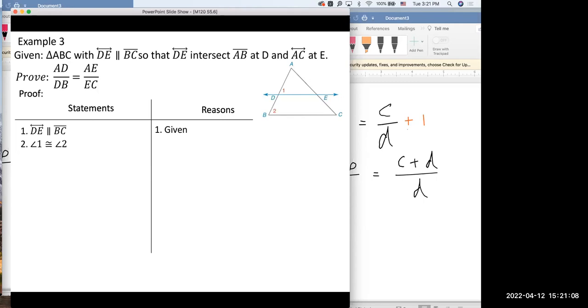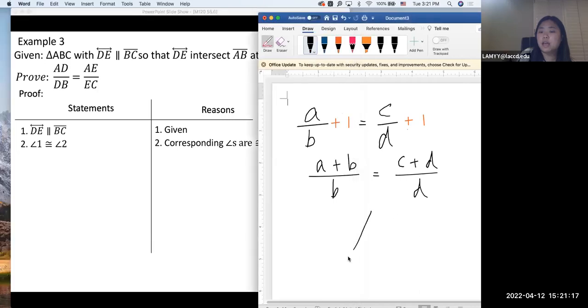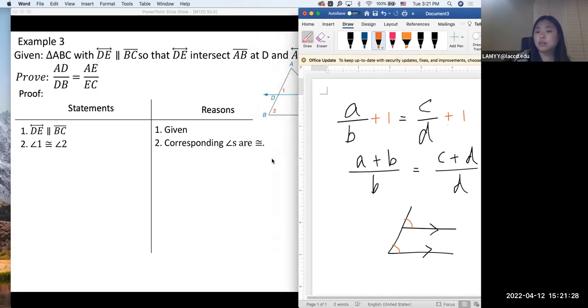Corresponding angles. Corresponding angles are congruent because these two lines are parallel. Remember the corresponding angles, the F. If these two lines are parallel, then these two angles are congruent. That's a corresponding angle.